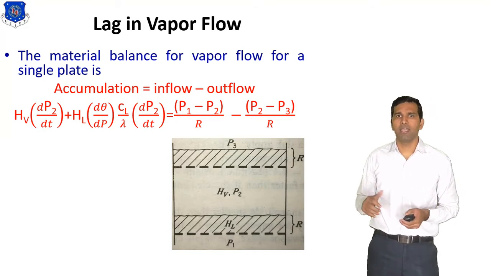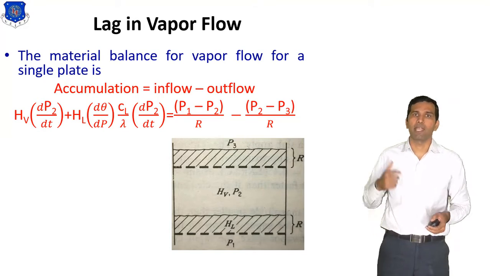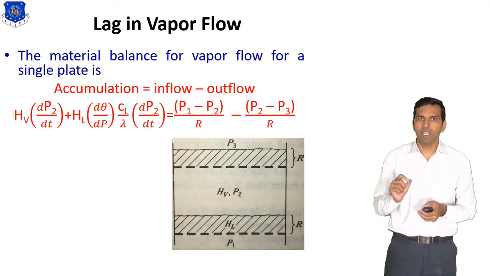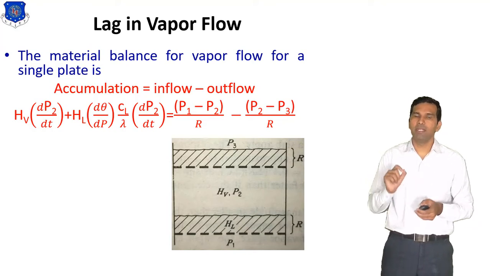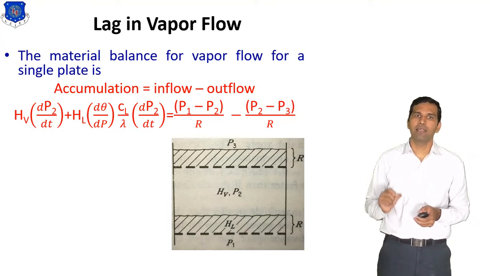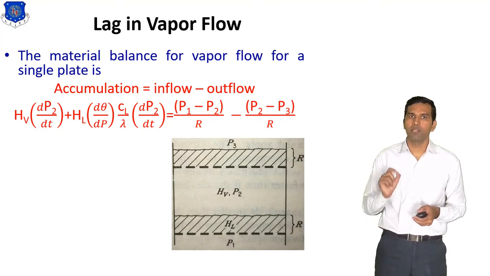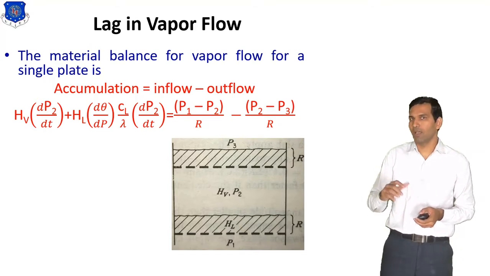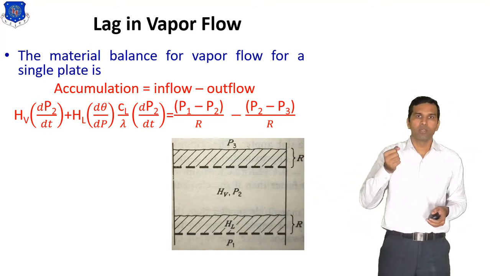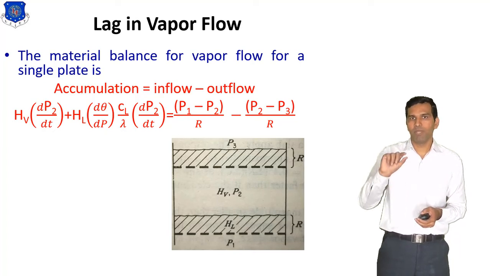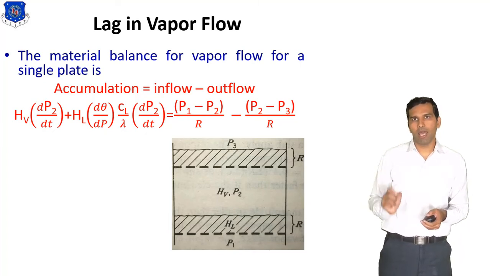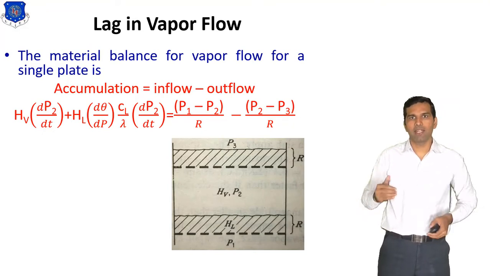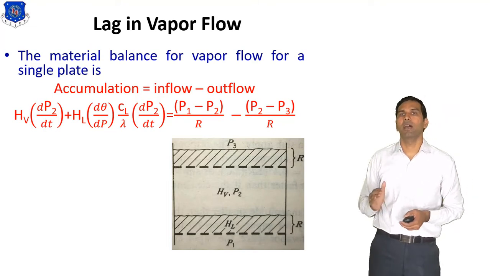So we can write the accumulation term as HB dP2/dt plus HL dθ/dP times CL/λ dP2/dt. From the figure, the inflow is (P1 minus P2)/R, the pressure difference, and the outflow is (P2 minus P3)/R.